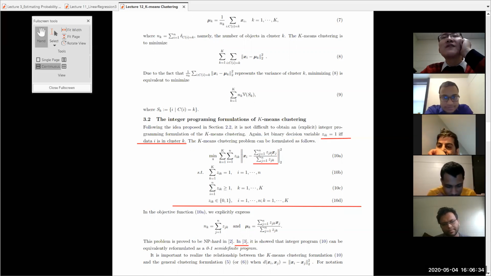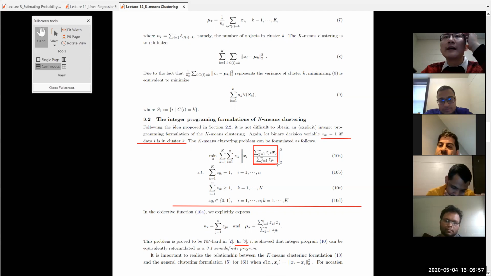So the summation of zjk times xj means the sum over all the data that is in cluster k. And the denominator means nk actually. How many data in total are in cluster K? See it? And hence this part is actually the centroid of cluster K, which is mu K.